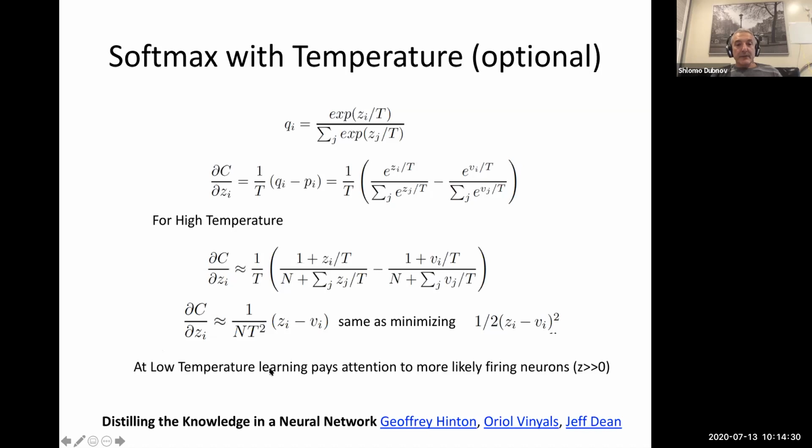At low temperature, the learning is more categorical, so it pays attention to the more likely firing neurons, the strong Z's.